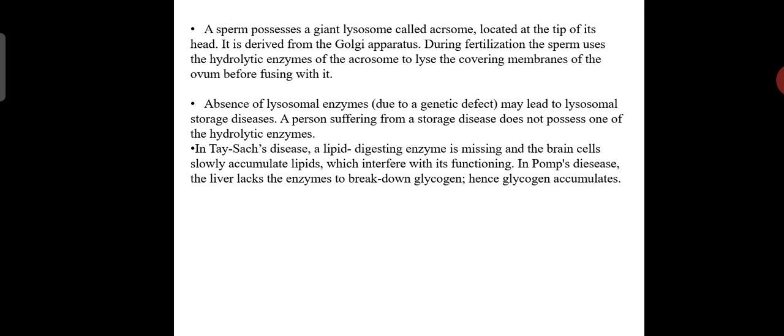A sperm possesses a giant lysosome called the acrosome located at the tip of its head. It is derived from the Golgi apparatus. During fertilization, the sperm uses the hydrolytic enzymes of the acrosome to lyse the covering membranes of the ovum before fusing with it.